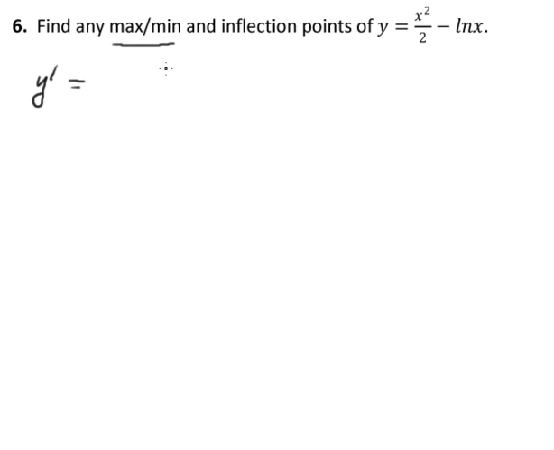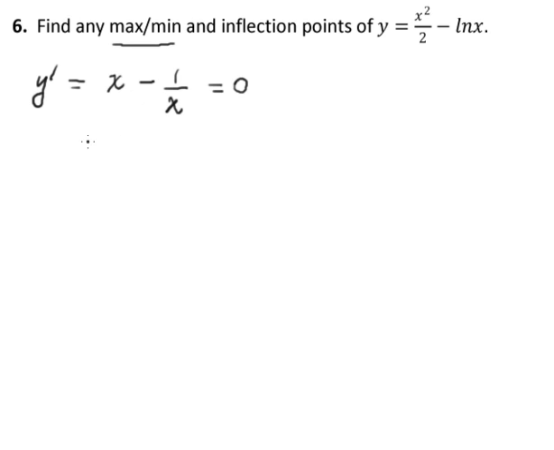Okay, so the derivative of x squared over 2, that's x, minus the derivative of ln x, that's 1 over x. All right, now we want to set this equal to 0 and solve. Let's add these two together.